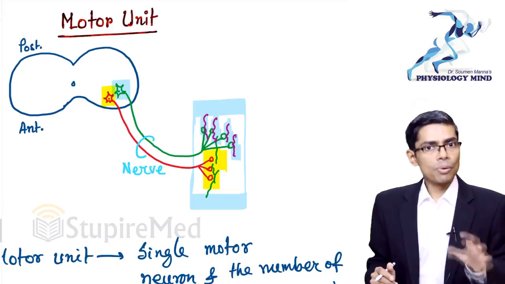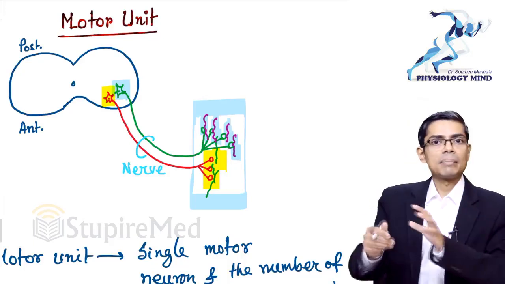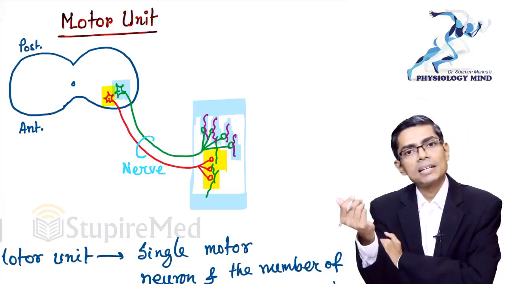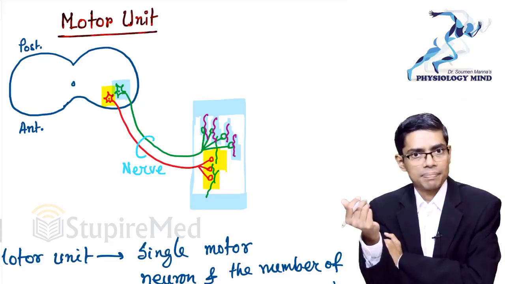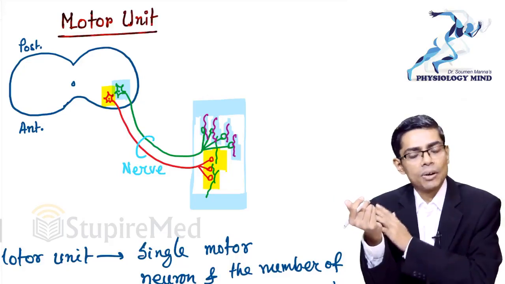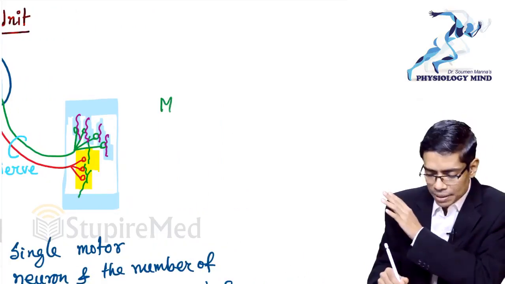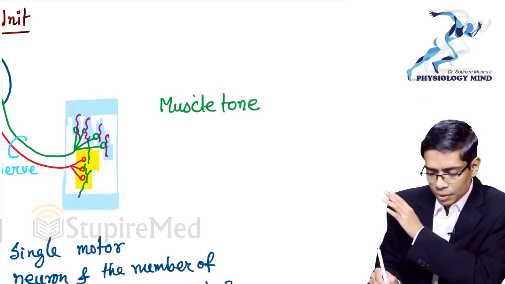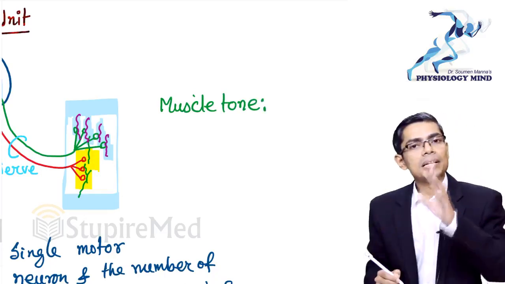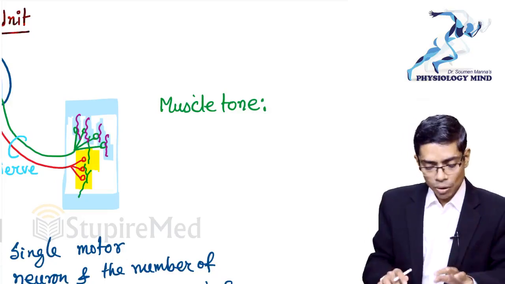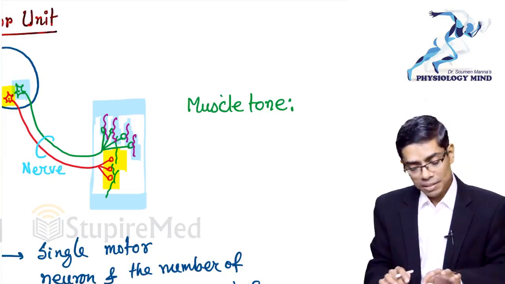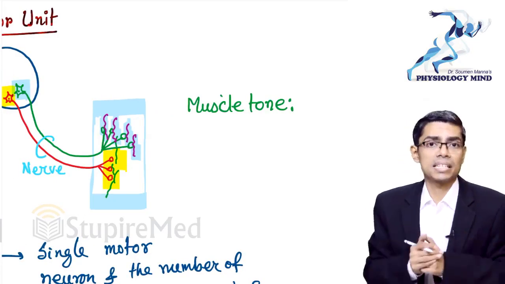Now normally we know skeletal muscle maintains some partial contracted state, and that partial contracted state is known as the muscle tone. So what is muscle tone? Muscle tone means the partial contracted state of the skeletal muscle in resting condition.